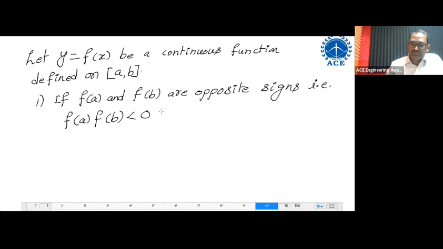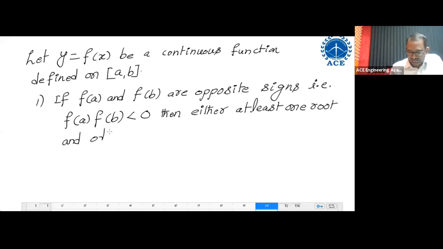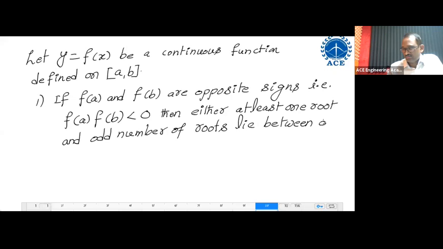Then either at least one root or an odd number of roots lie between a and b.